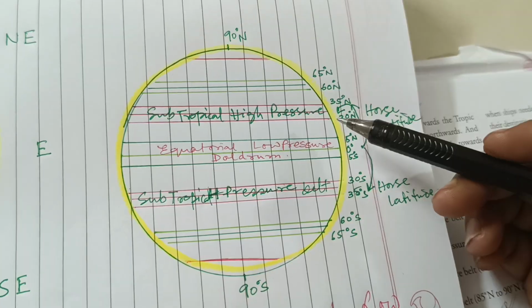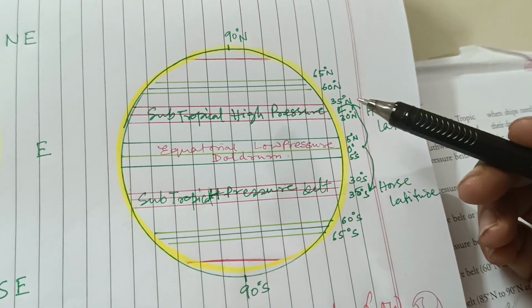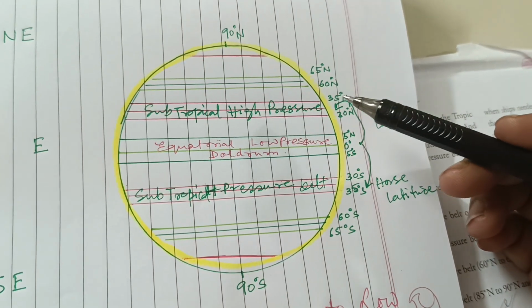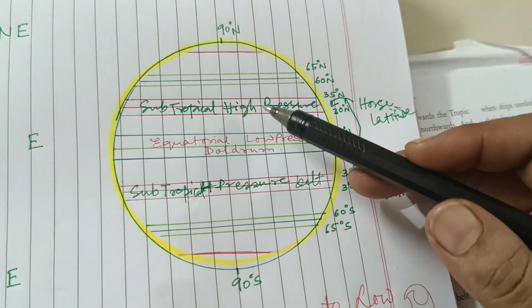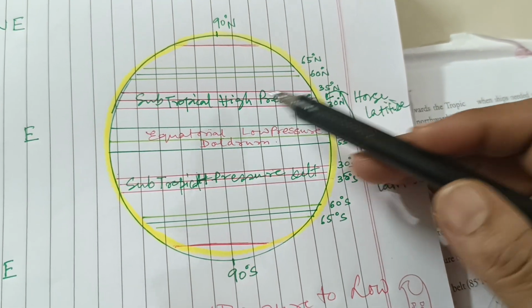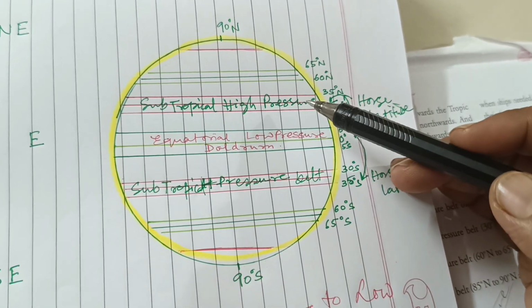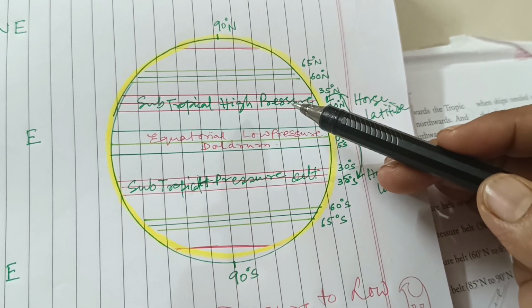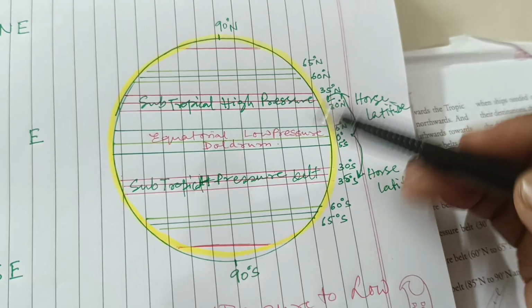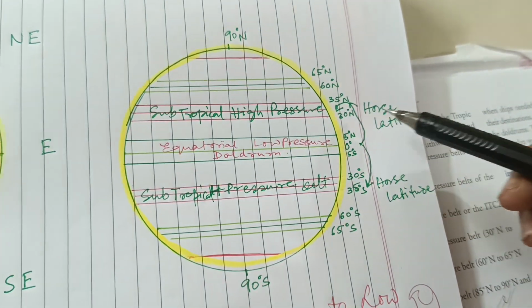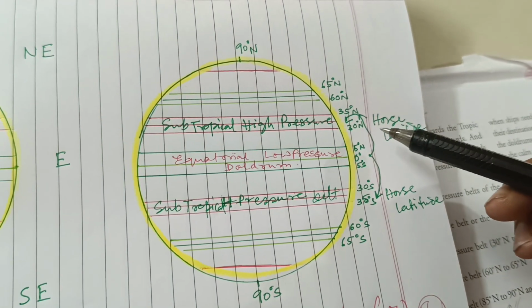Maybe 1 month or 2 months they had to wait. They used to throw their horses in this latitude because of the high pressure and prevailing winds not helping the ships to move. So it is called horse latitude.